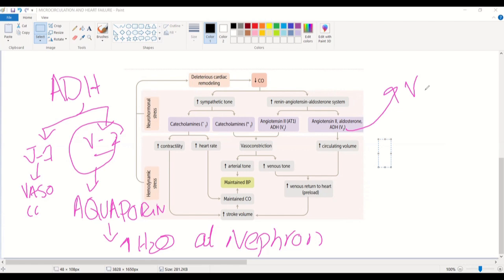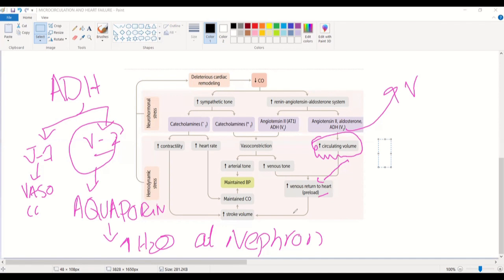So in this way, increased aldosterone and ADH lead to increased circulating volume, right? Increased circulating volume leads to increased venous return to the heart, so increased preload. Increased preload leads to increased stroke volume.